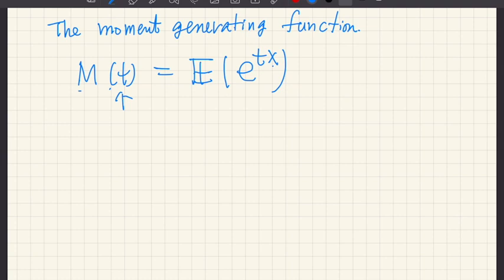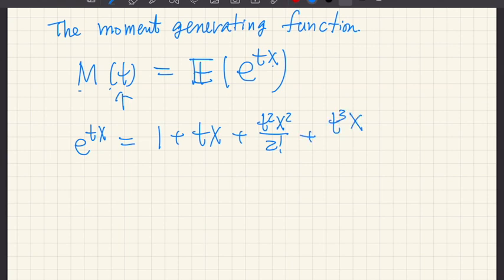So why is it useful? Remember the Taylor expansion of the exponential function? Formally, this exponential function can be expanded as this: 1 plus xt plus t squared x squared over 2 factorial, plus t cubed x cubed over 3 factorial, and so on, right?